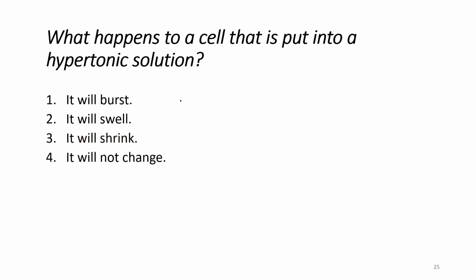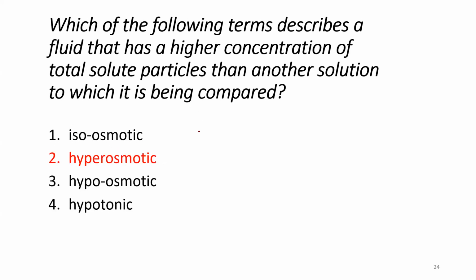Someone's asking me to just go back to this previous question and explain why this is hyperosmotic here again. So we're thinking about describing a fluid that has a higher concentration of total solutes than another solution. So we can think about this as our cell. And so we want to think about the solution out here, the extracellular fluid, versus in here, the intracellular fluid.